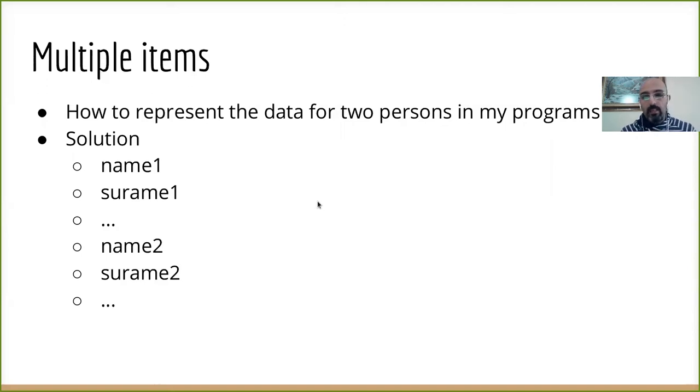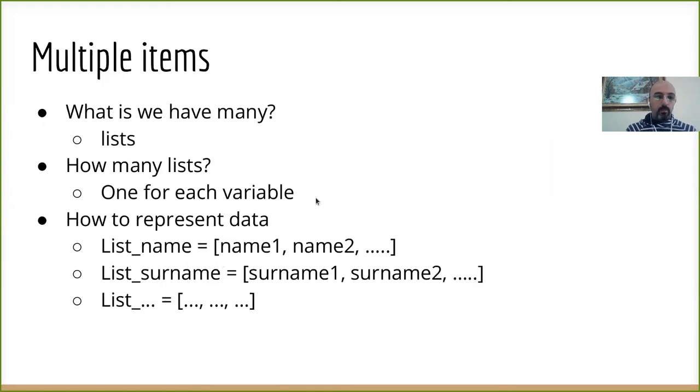So it can be a solution in case the number of items we want to map is limited, say a few. But what if we want to store and manage a lot of persons?